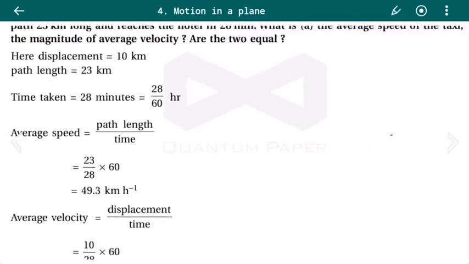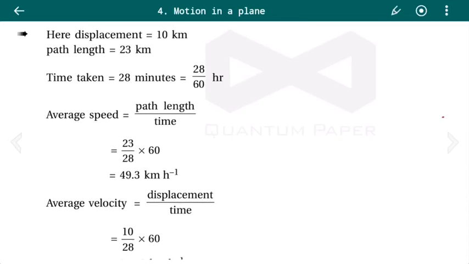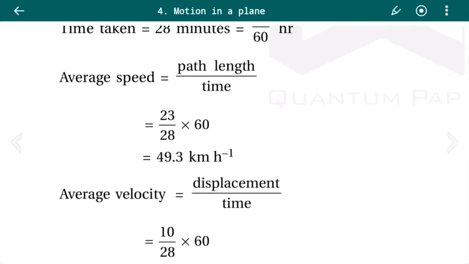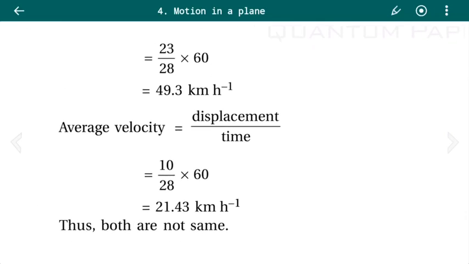First we need to find the average speed. So average speed is path length upon time, where path length is 23 km and time taken is 28 by 60. Solving this we get 49.3 km per hour. Now average velocity is displacement upon time. Displacement is 10 and time taken is 28 by 60.